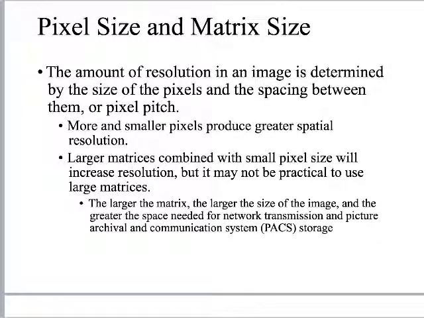Okay, so this is just a quick review. Pixel size, again, it has to do with the amount of resolution in an image. It's determined by that pixel size and the spacing between them, or that pixel pitch. The more and smaller pixels produce greater spatial resolution. So larger matrices, that's just another word for matrix plural, combined with small pixel sizes will increase resolution, right?